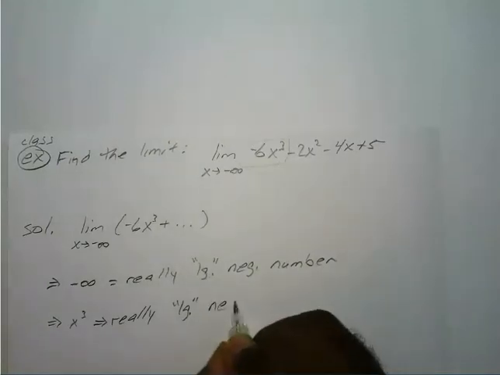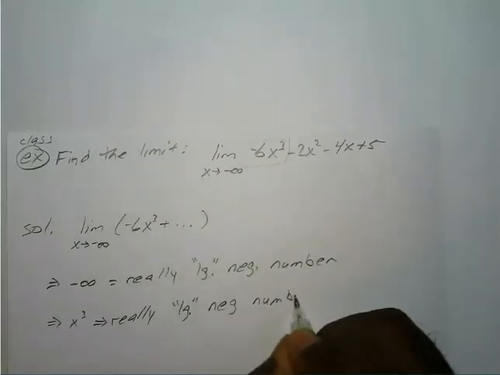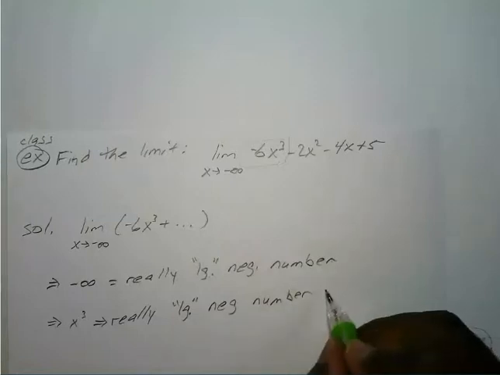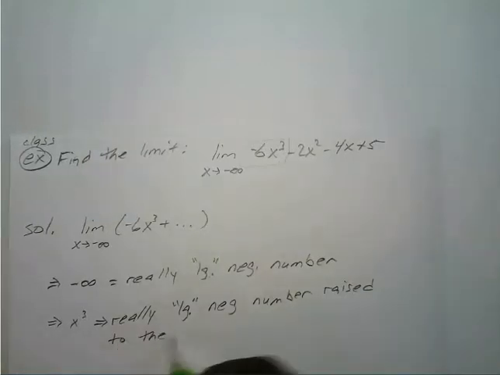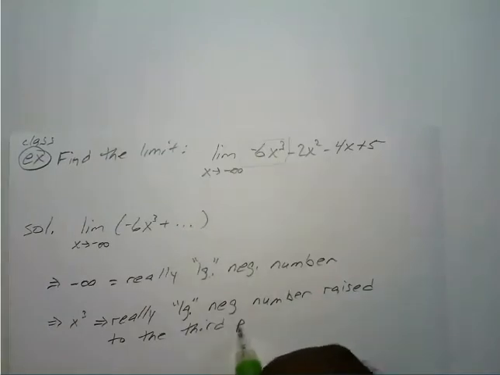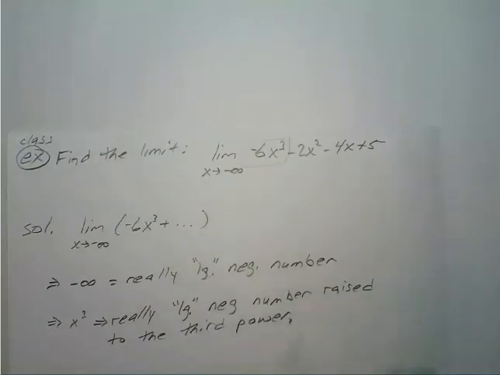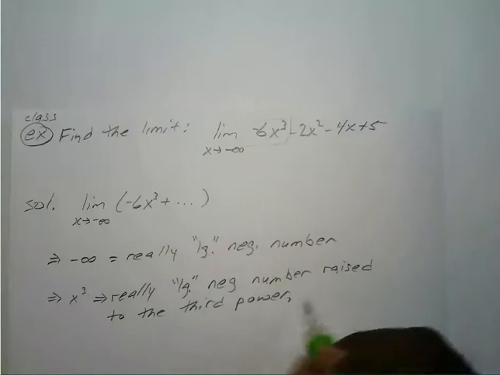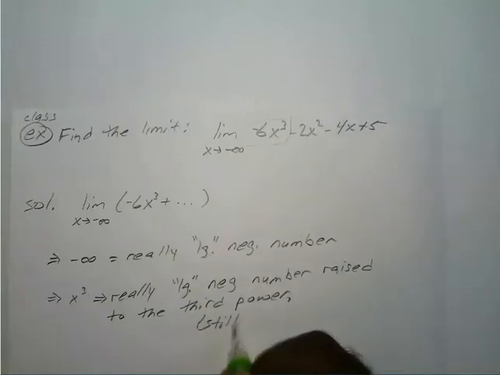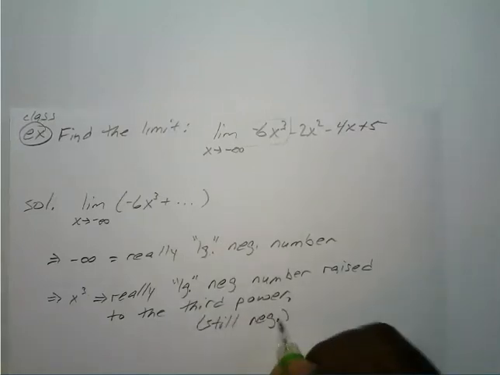A negative number raised to the third power. Now you get a negative number raised to the third power, it's still negative. Think about negative 2. Negative 2 times negative 2 times negative 2 is negative 8. So a negative number raised to the third power is still negative.